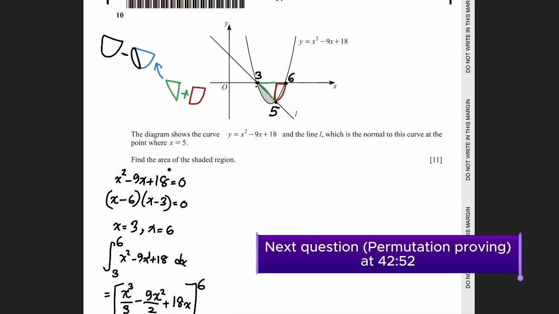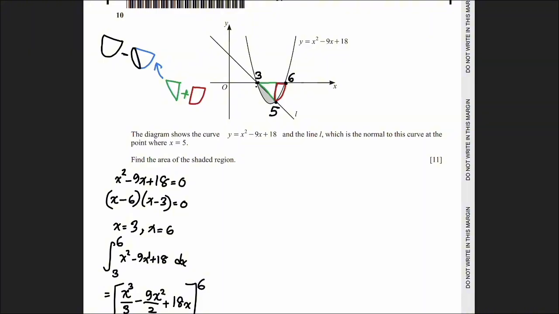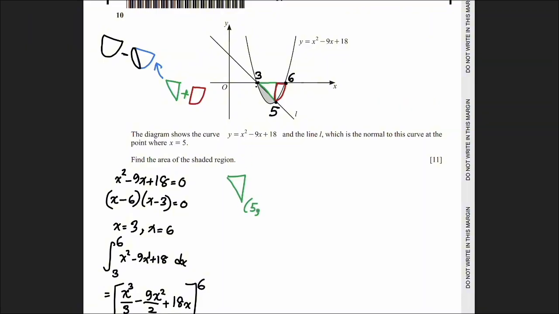Then we need to find the area of the blue region. That is the combination of the green region and the red region. Let's find the green region first. We need to find the coordinate of 5 and something over here. We know the coordinates here, that is 5, 0, and that is 3, 0. We need to find the coordinate over here.